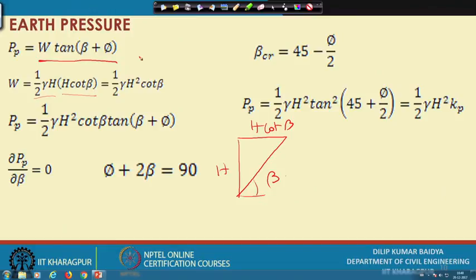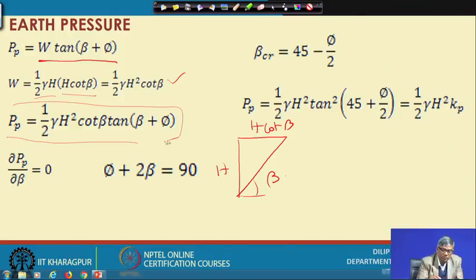We know that finally beta critical is 45 degree plus phi by 2, but initially what have we taken? We have taken beta, and for a particular value of beta I consider the wedge, and then I consider the force equilibrium, that is the polygon we have done. Then I find the expression for passive pressure, and W I can calculate, and you substitute, then you will get the Pp.